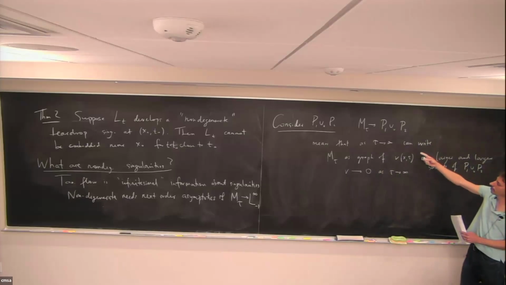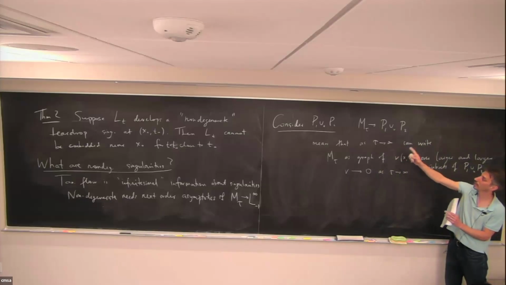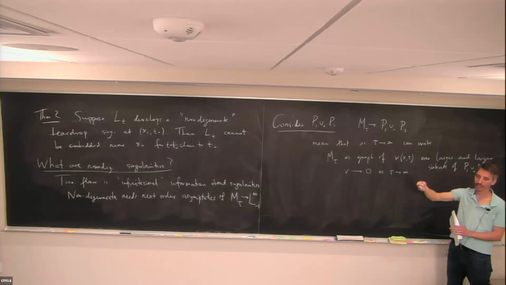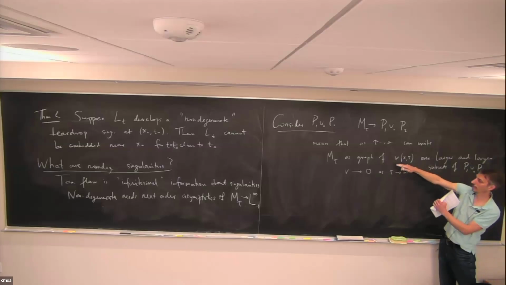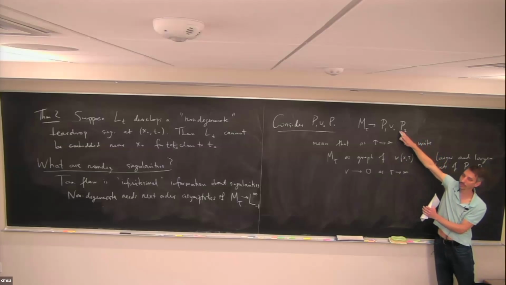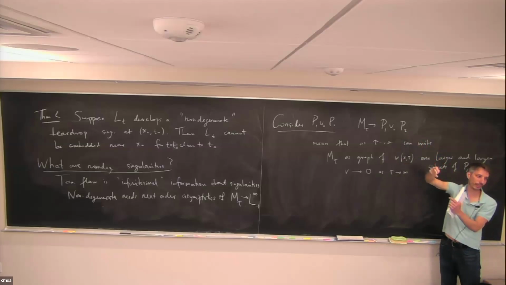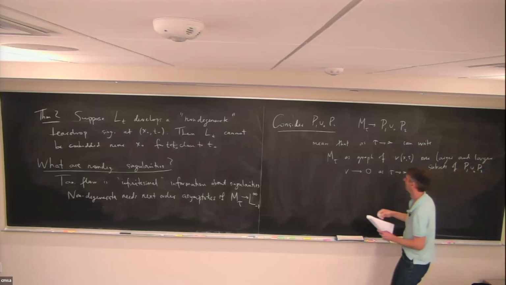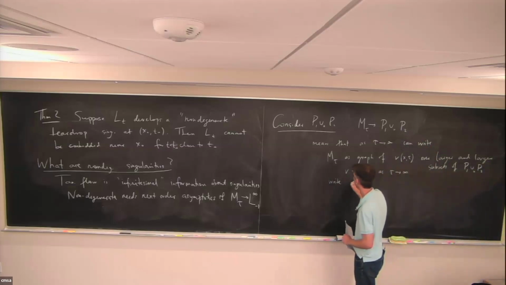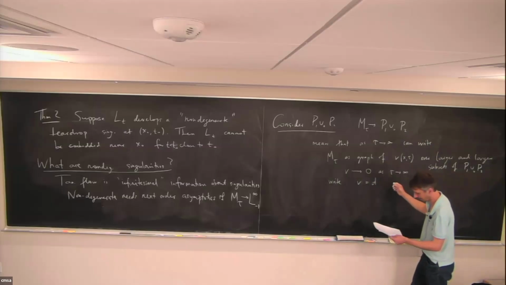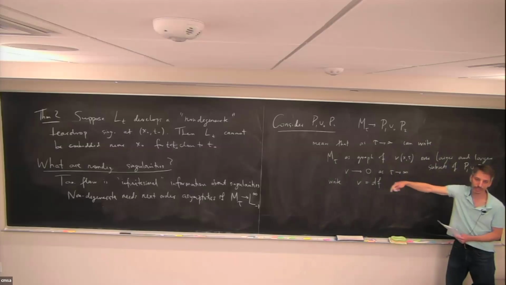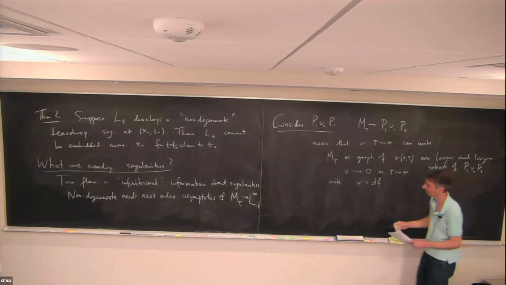Because it's Lagrangian, and everything we're doing is exact, this V you can write as D of a function, which gives you a one form on this thing. By using the symplectic structure, you can convert that into a vector field normal to the Lagrangian. So you can write V as D of F, identifying it with a vector field using the symplectic structure.